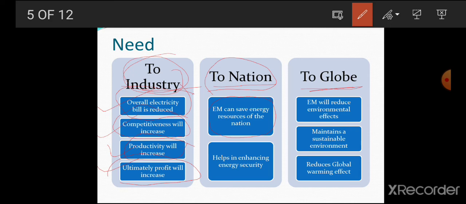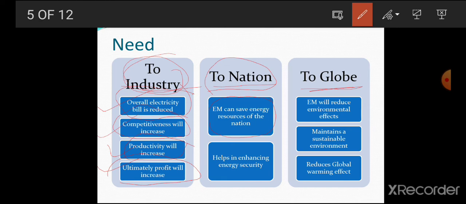If people are saving their energy and consumption is reduced, then it can save the resources of the nation, and we can meet the energy demand in future.